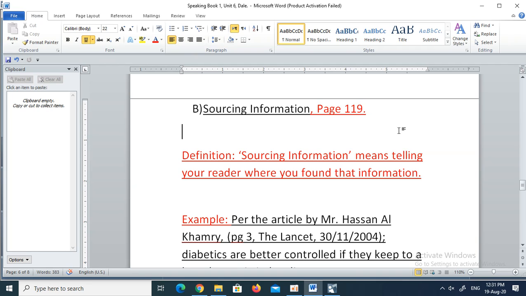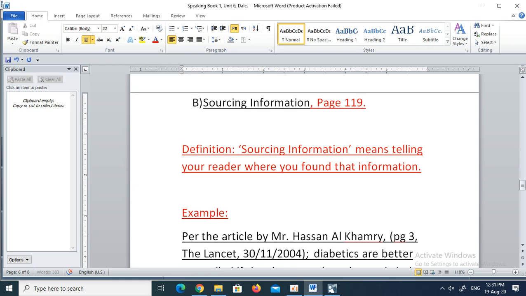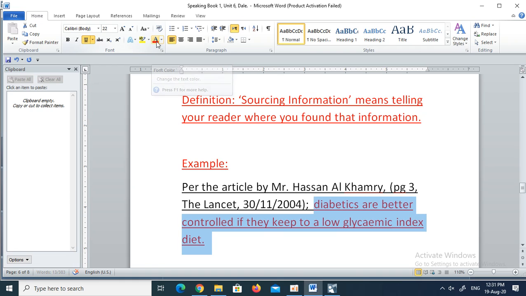Okay, let us start with the definition. Sourcing information means telling your reader where you found that information. So, to give us an example, my information here is the following words.